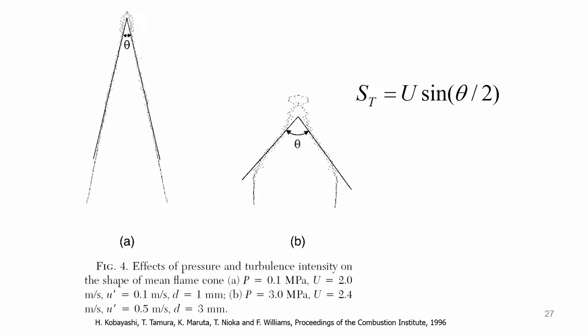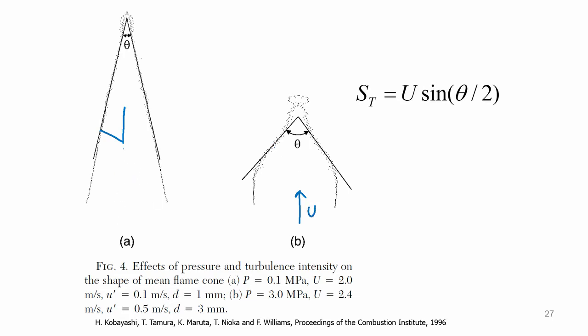And then you say that your ST is equal to u sin theta by 2. If this flame cone is like this, this is how I evaluate it. Say this is my u, this is not my ST, sorry, this is my u.